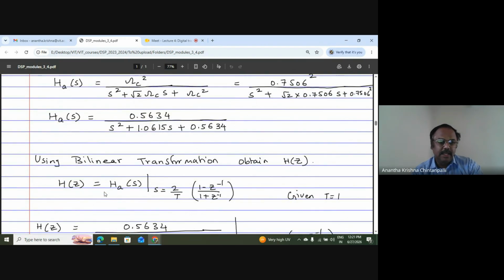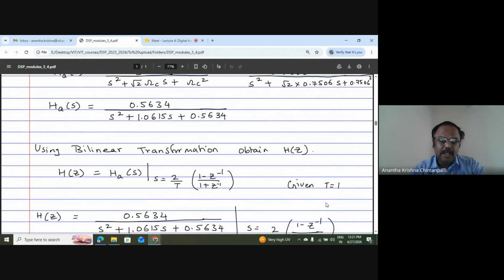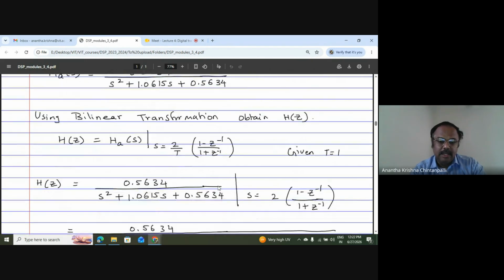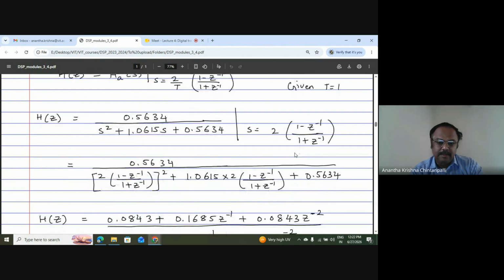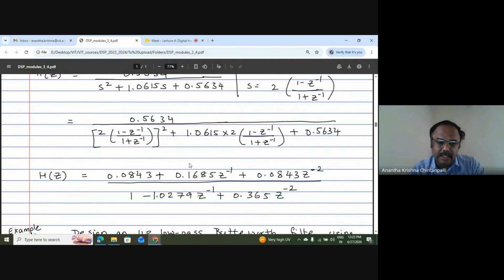So H of z is equal to Ha of s, where s is 2 by T times (1 minus z inverse) divided by (1 plus z inverse). Remember that T is 1 in this case. Wherever you see s in this expression, replace it by this specific expression. It's some simplification which you have to do, and finally we get this answer.